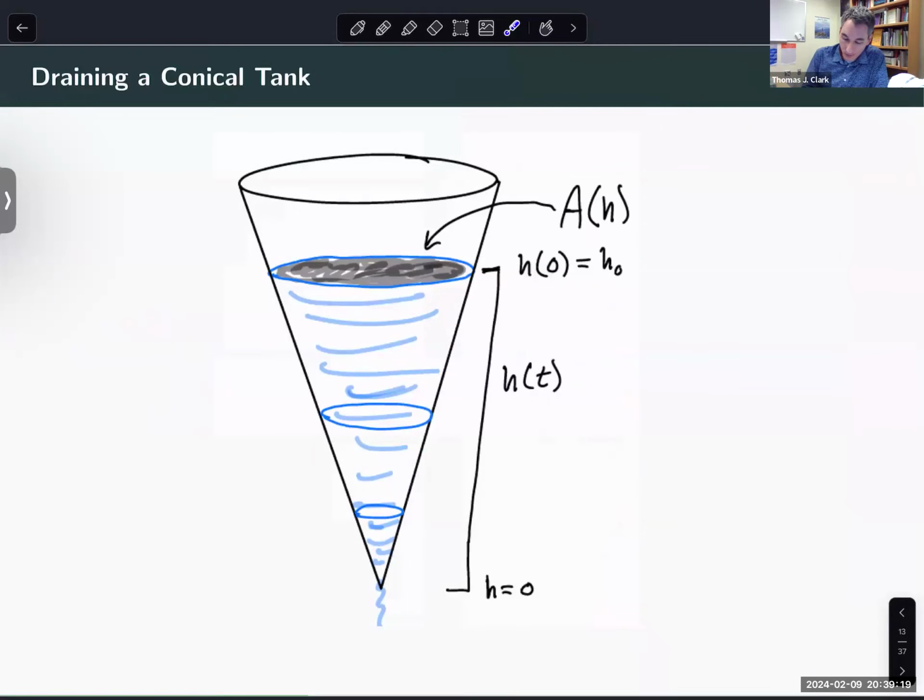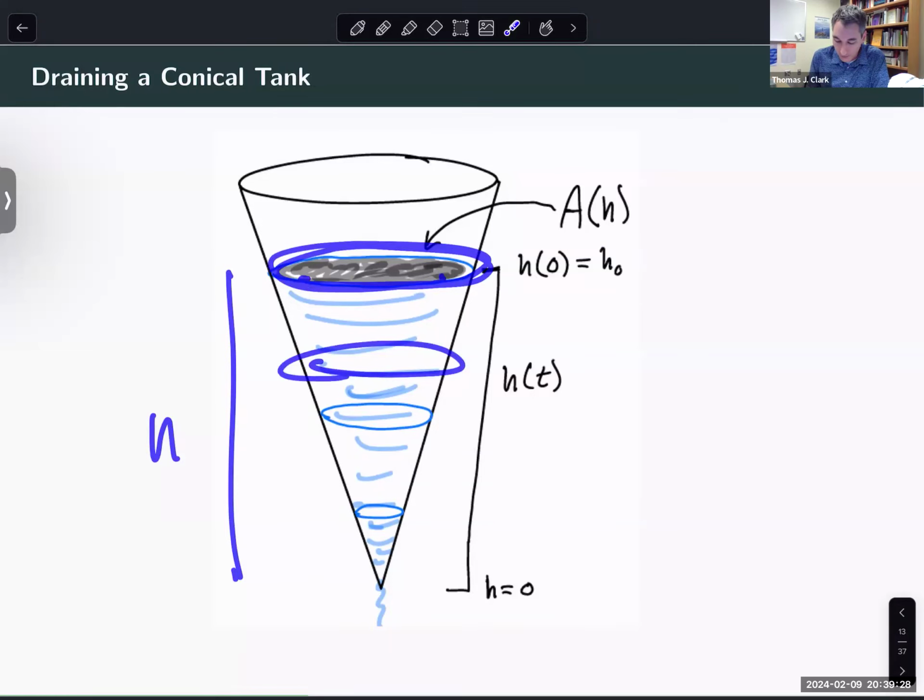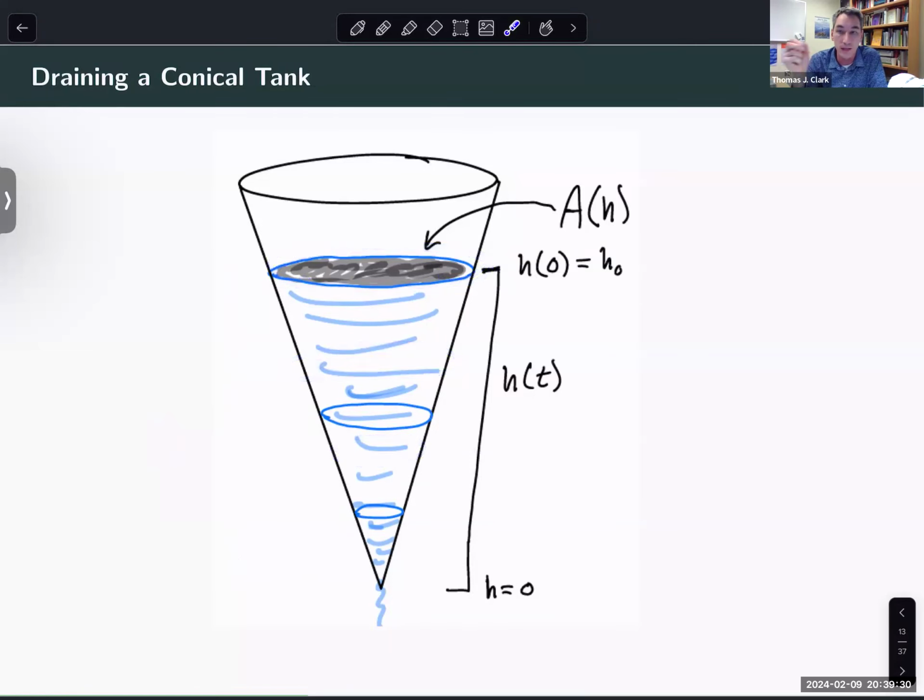And what happens now is this A of H, given a height H, the area at H varies for different heights. So you need to think about when a centimeter of drained water at the top is more water than a centimeter of drained water at the bottom. So that dV/dt starts having an effect.